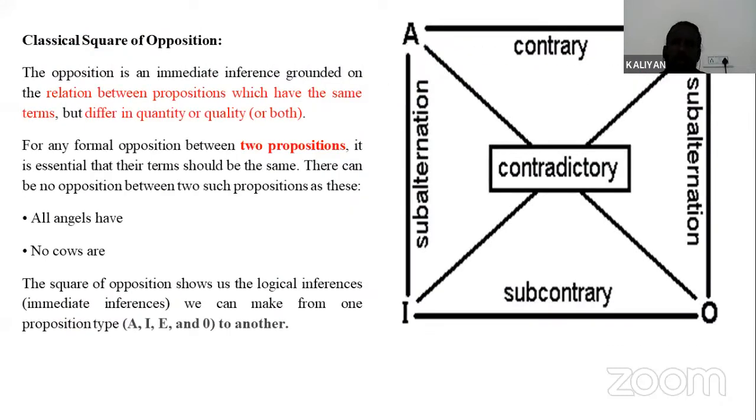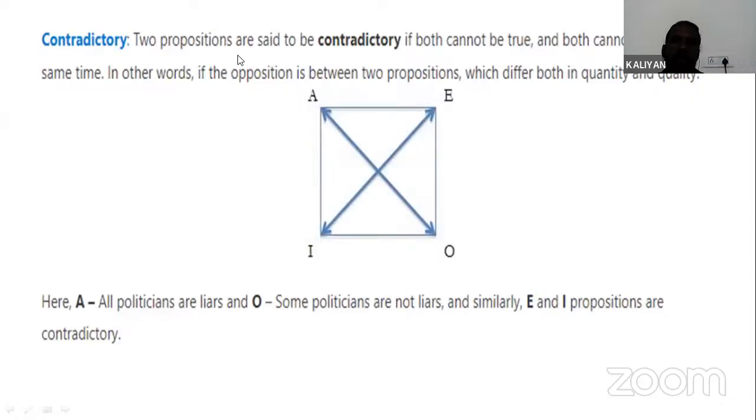Contradictory means they are opposed. A is opposite of O, and I is opposite of E. Look at the diagram. Two propositions are said to be contradictory if both cannot be true and both cannot be false. That is called contradictory.